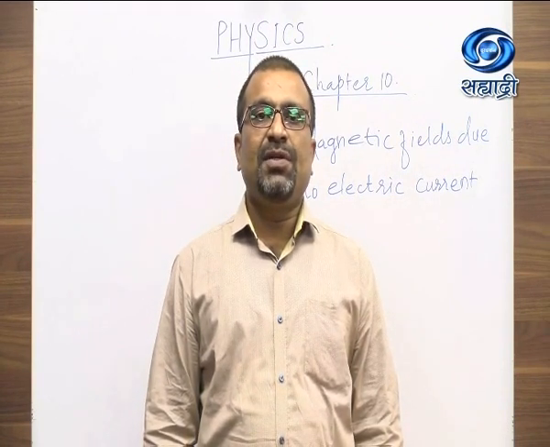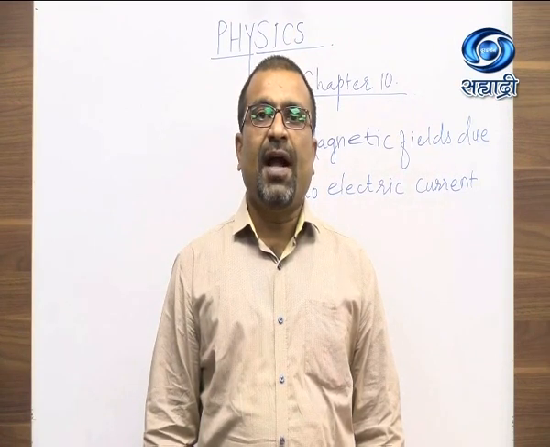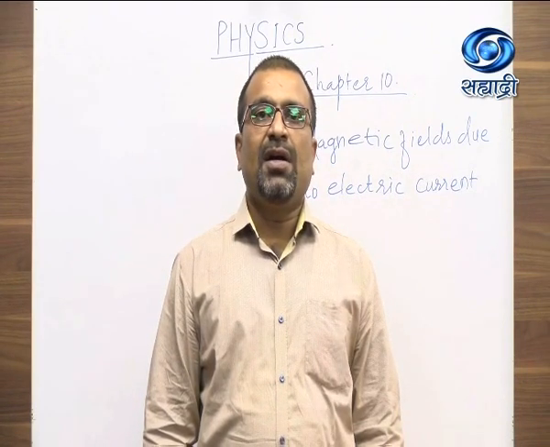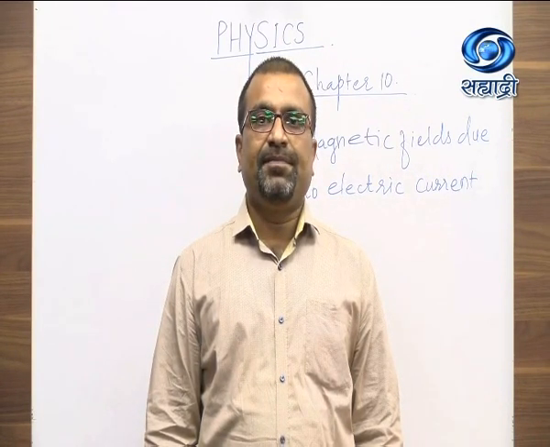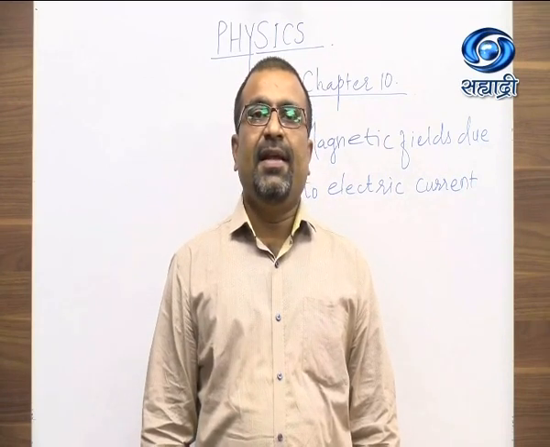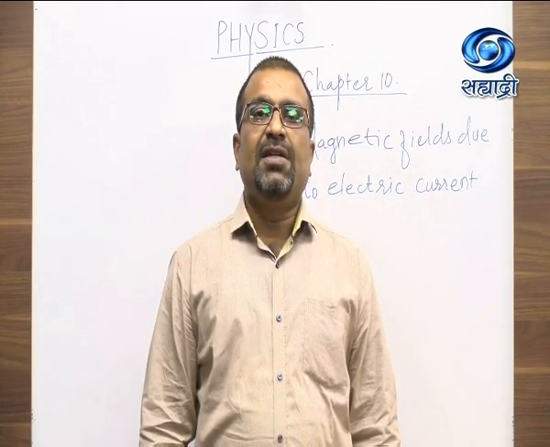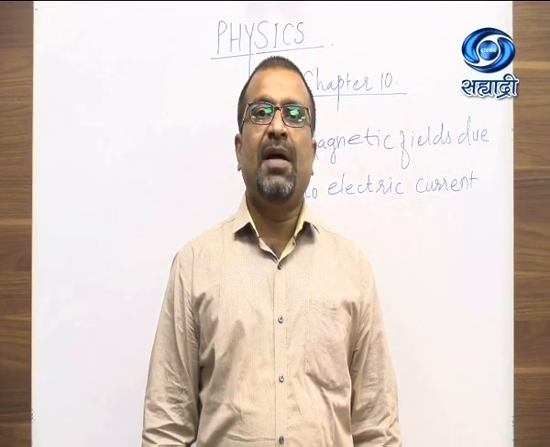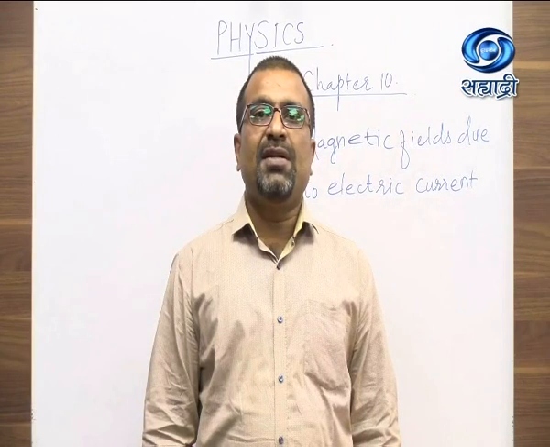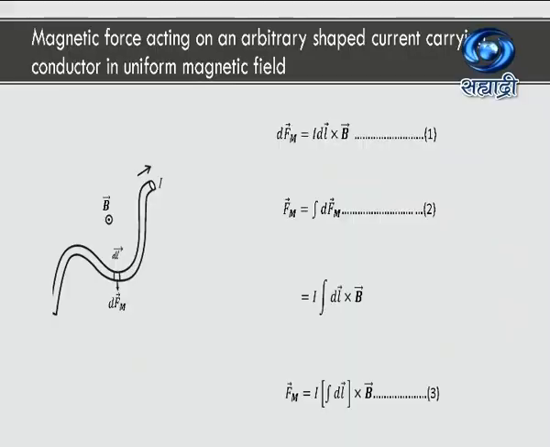Later, we understood the Lorentz force and the magnetic force acting on a current carrying conductor when it is kept mutually perpendicular to the magnetic field. Today, in this lecture, we are going to study the torque experienced by a loop, and we are going to understand the working of a moving coil galvanometer.